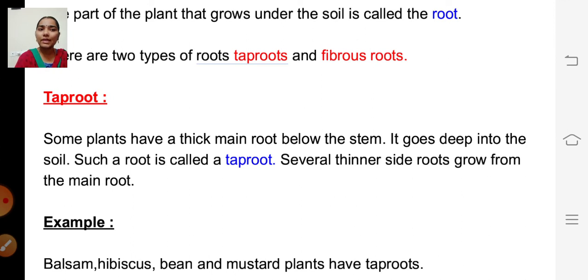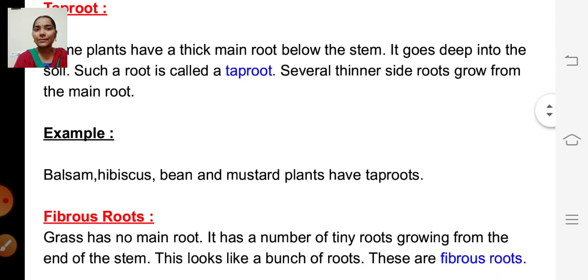It goes deep into the soil. Such a root is called a tap root. Several thinner side roots grow from the main root. Example, balsam, hibiscus, bean and mustard plants have tap roots.